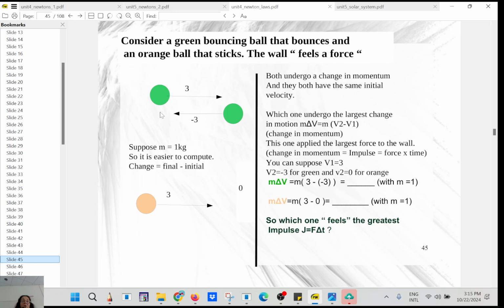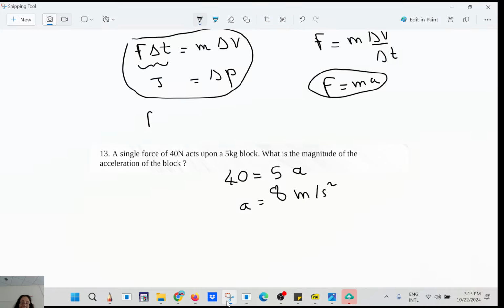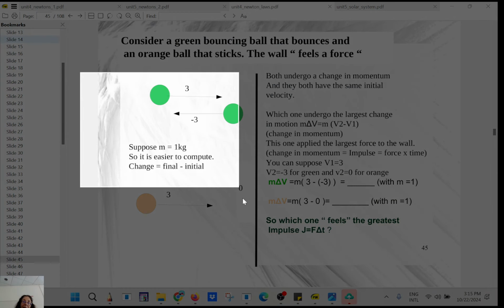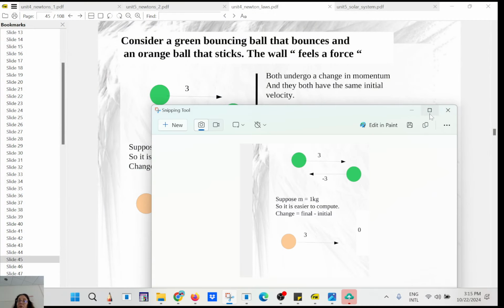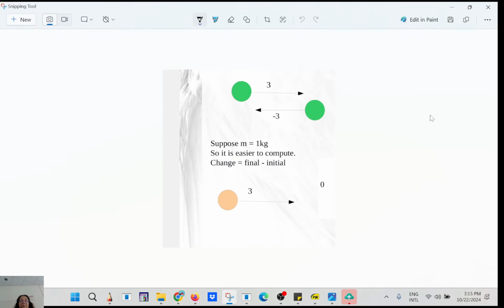Impulse is mass times the change in velocity. The more you do here, the less you have to worry about the test. Impulse is change in momentum. A force over a time t causes a change in momentum. So bouncing ball, 1 kilogram, 2 pound, and tomato, arriving here, the tomato stops.